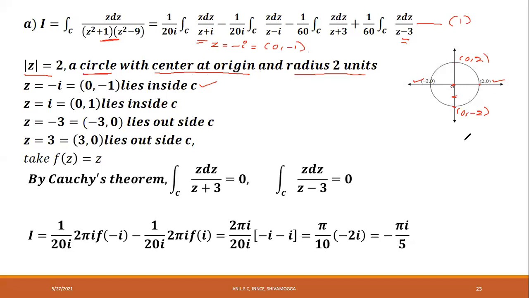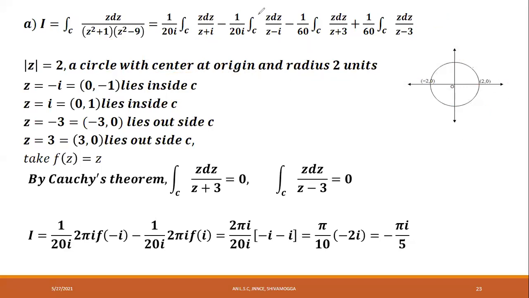Next, the second integral: integral over C of z dz divided by z minus i. This integral is not analytic when the denominator is equal to 0. z minus i is equal to 0 means z is equal to i. z is equal to i means real part 0 and imaginary part 1.